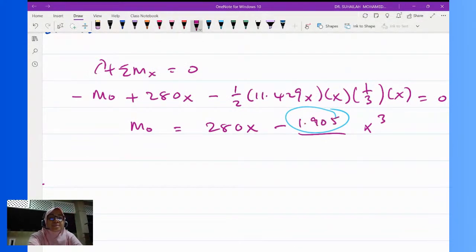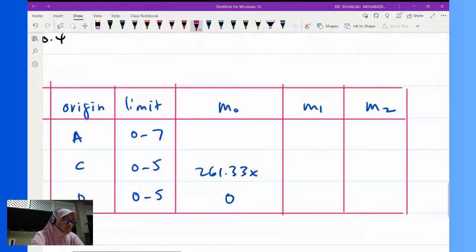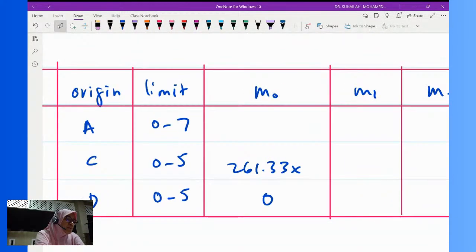Okay, it is 1.905. So we put this equation in the table. It is 280x minus 1.905x cubed. Okay?